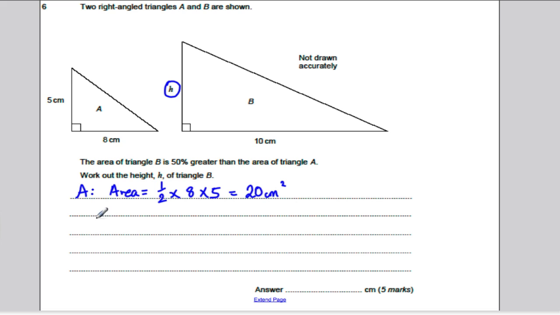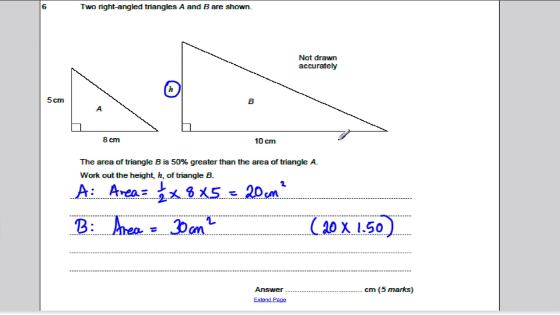Now it says that the area of B is 50% more than that of A. So 50% of A is 10, half of it is 10, so adding that on for a 50% increase, the area of B must be 30 centimetres squared. I can also find that out by doing 20 multiplied by the decimal for a 50% increase, 1.50. So I know the area of B is 30.